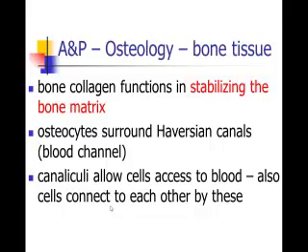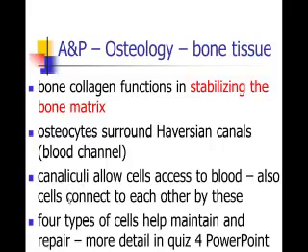In addition, the canaliculi are also important for connecting cells to each other, and that allows them to interact with each other. So canal is a canal, and iculus is something small, diminutive, so this just means little canal.